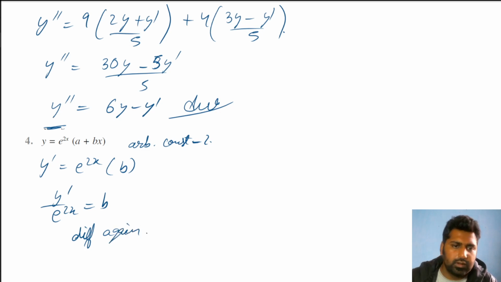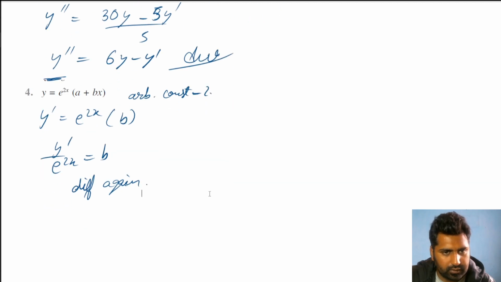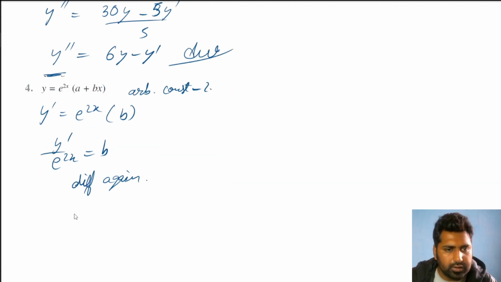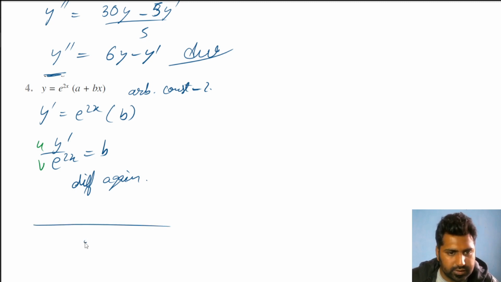Okay. How we are going to do that? We'll be using this u by v, sorry. So slightly weird expression, but yes, let's go for it. u by v. Denominator is v square, so e raised to power 2x whole square.